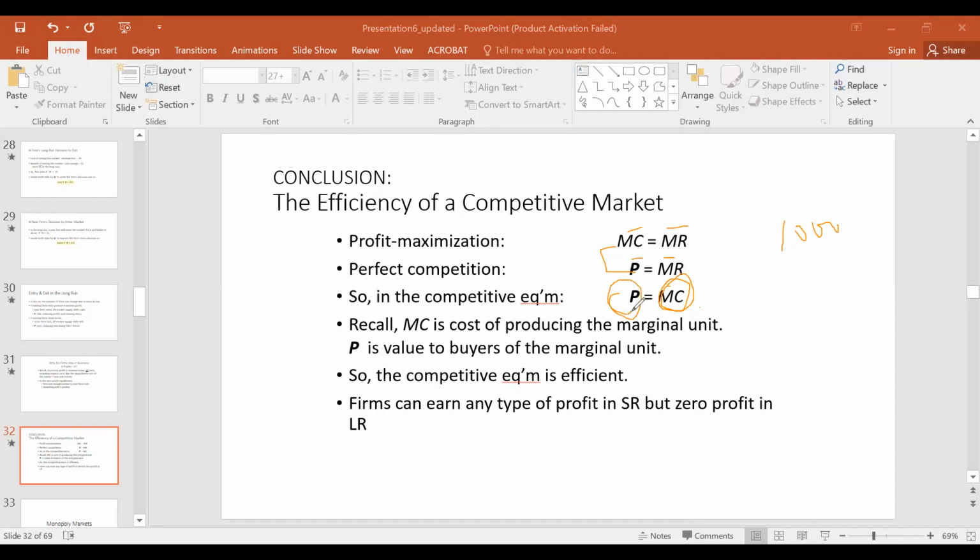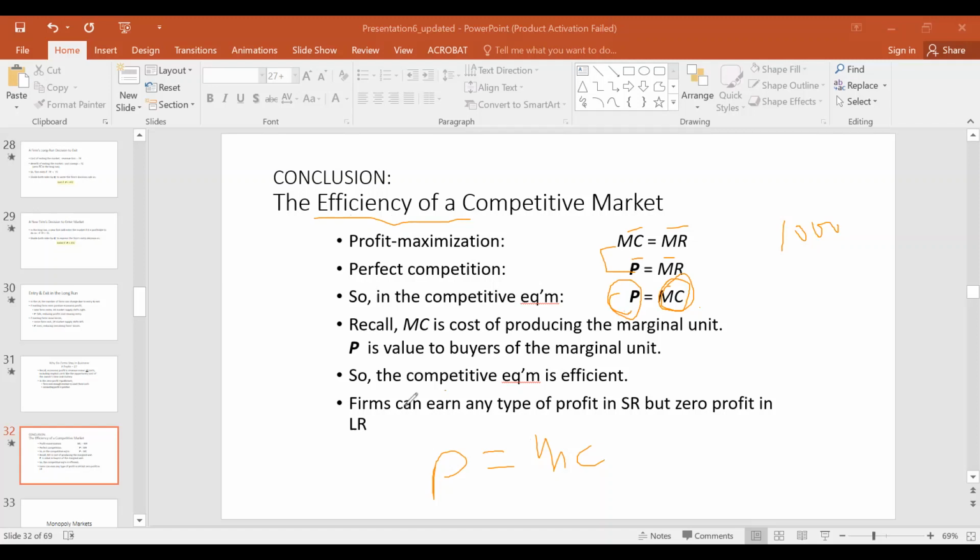So we say this market is very efficient. Look, efficiency of the competitive market: price is equal to marginal cost. There is no wastage. We are not ripping anybody off. How much it costs society to produce the additional unit is just how much they value it. So the competitive market is said to be efficient.